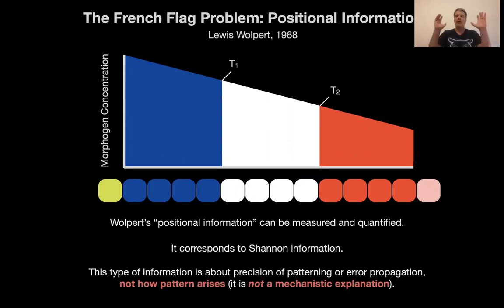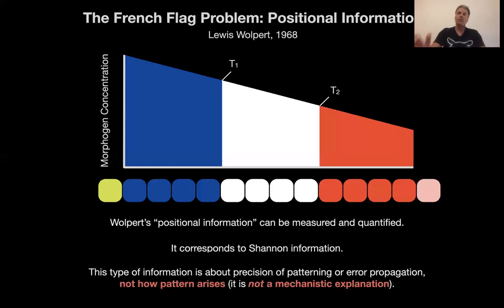And therefore, and I may be flogging a dead horse, nothing seems to be a mechanistic explanation, but this for sure is not a mechanistic explanation. It doesn't tell you how the pattern is made. It only tells you that it's very precise, but not how it's actually arising. It also doesn't tell you how the precision can actually increase over time, which is not what a standard information transmission system should do.